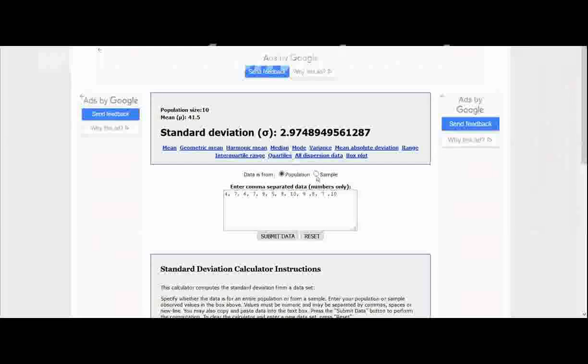And since I'm working with a sample, my question says you have a sample. It's not a population. So I'm going to select sample. Let us submit the data.